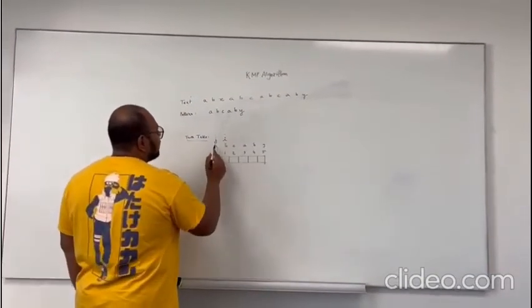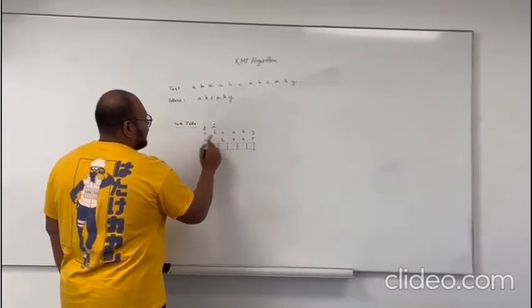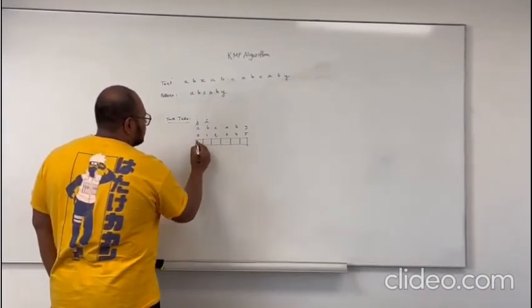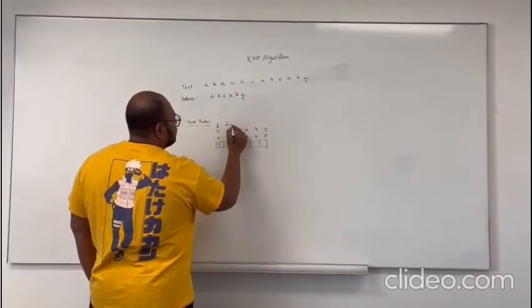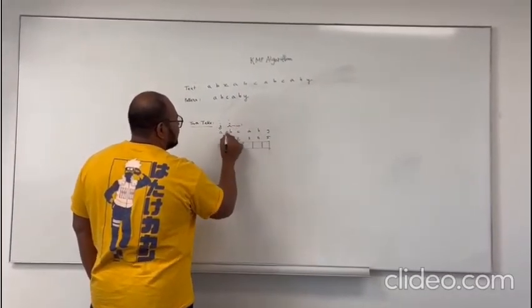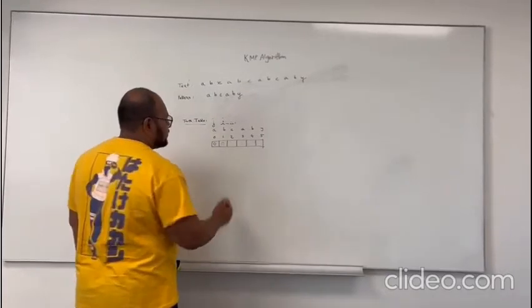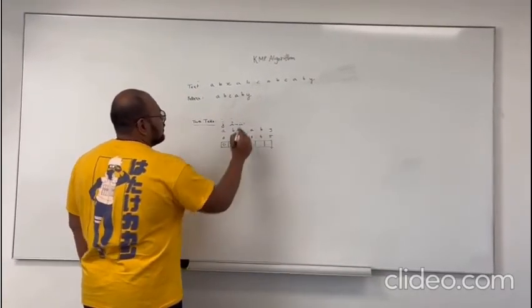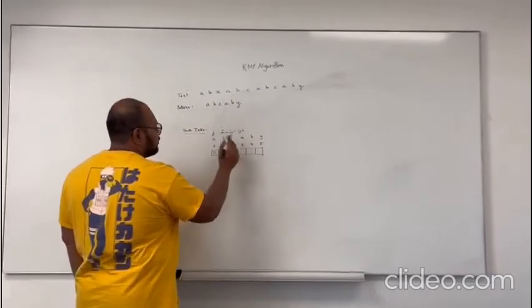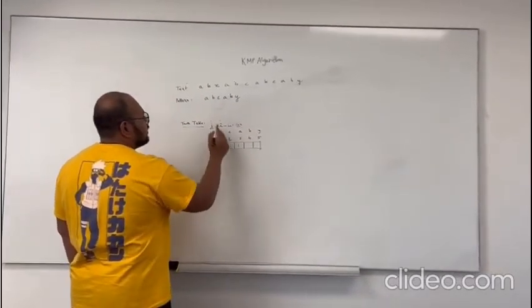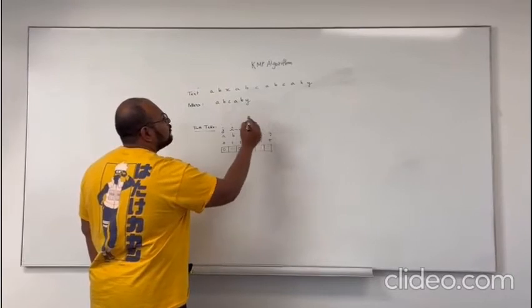So first I compare J with I. A not equal to B, so 0. I goes plus 1. Is A equal to C? No, it's not. So it's 0 again. Now I plus 2, it goes to A. A equals A, 1. Now both J and I move a place.